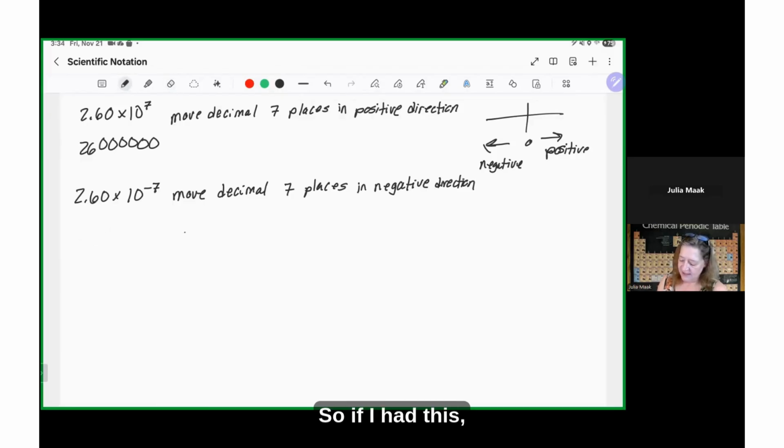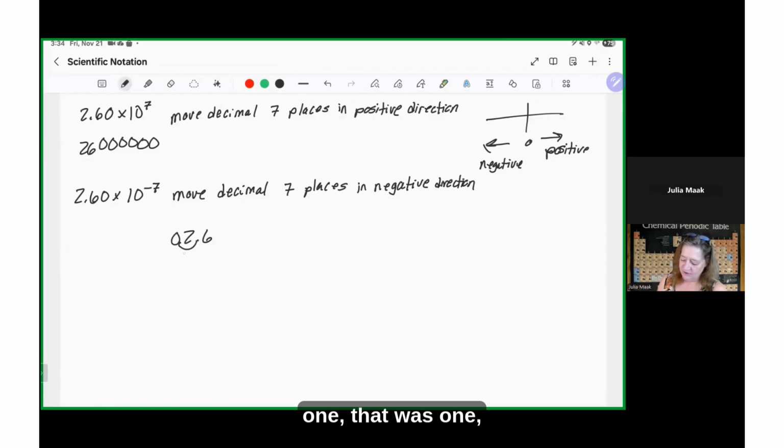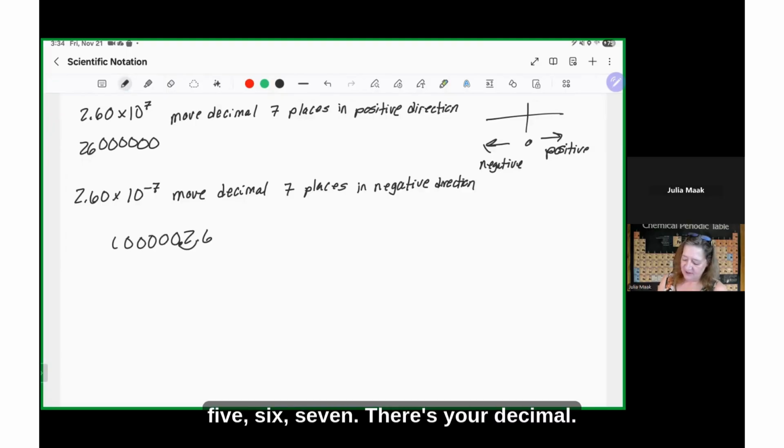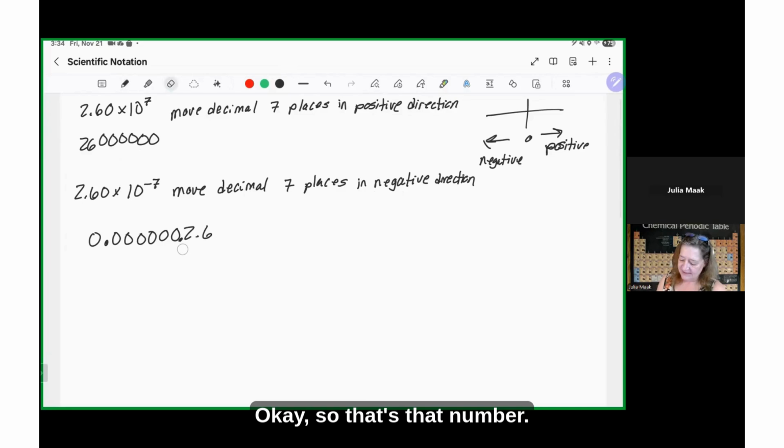So if I'm moving my decimal 7 places in the negative direction, that was 1, 2, 3, 4, 5, 6, 7. There's your decimal. Okay, so that's that number.